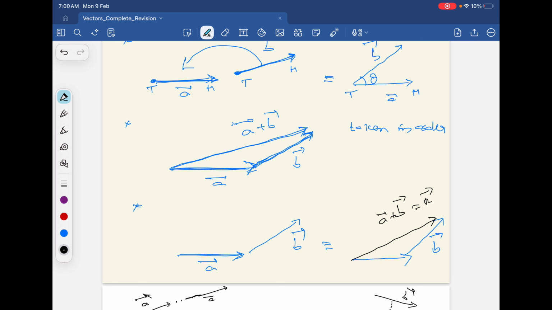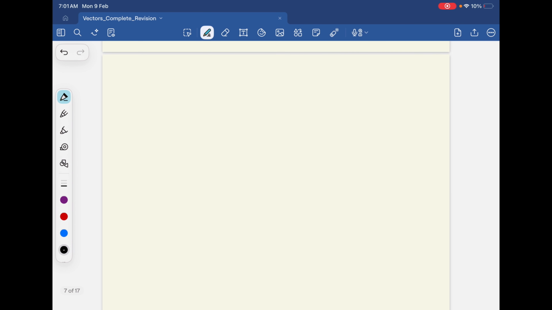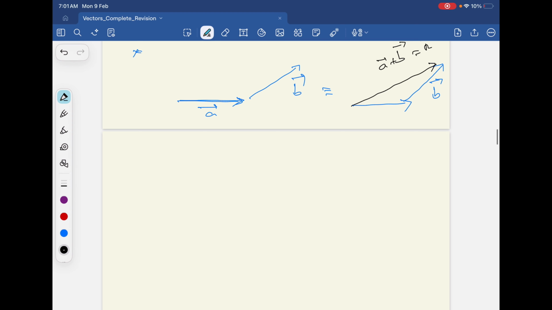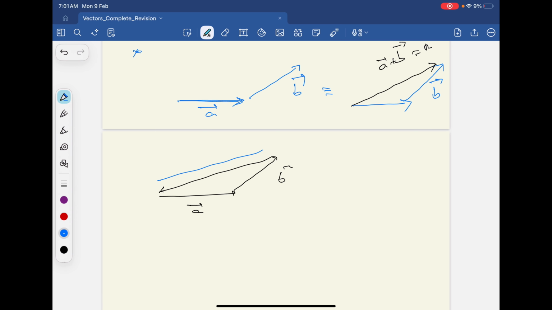Now what happens if you take three vectors in the same order? For example, this is A bar, this is B bar. If I take C bar like this, A plus B is like this, A bar plus B bar. Now the C vector which you are pointing here is opposite to this third closing side, which is A bar plus B bar. So direction-wise they are opposite but magnitude-wise they are the same.